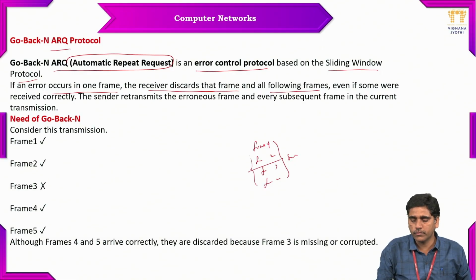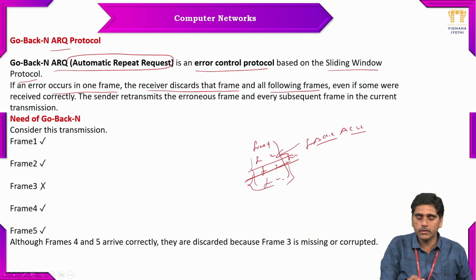Suppose frame 3 has an error, the receiver does not accept frame 3 and frame 4. It sends an acknowledgement only up to frame 2. Because frame 3 has an error, it is discarded along with frame 4. So the receiver discarded that frame and all following frames.